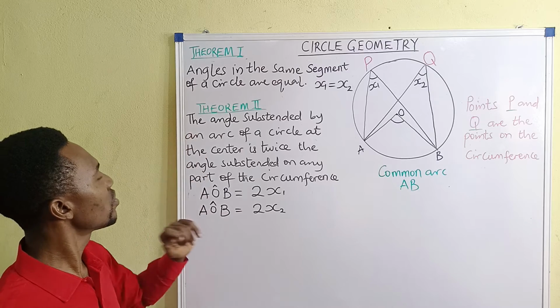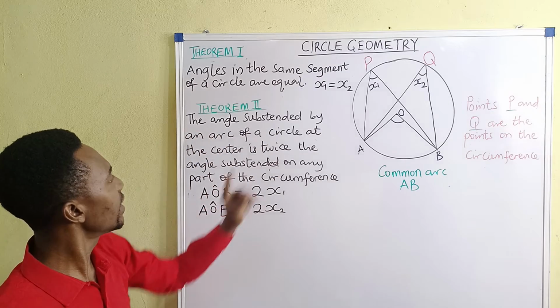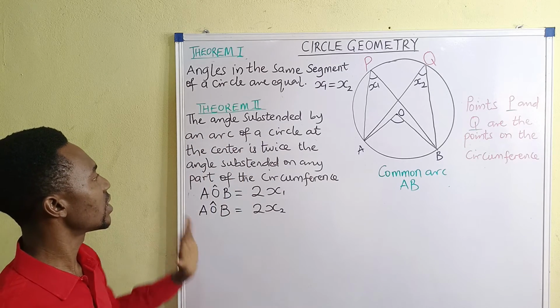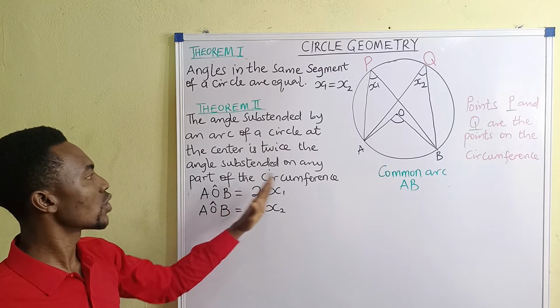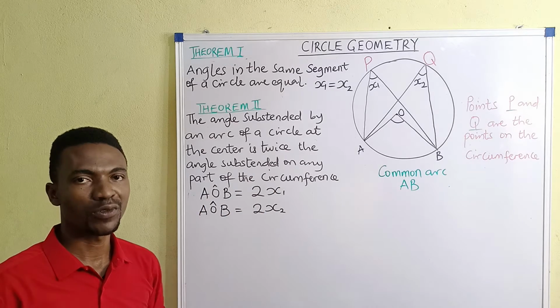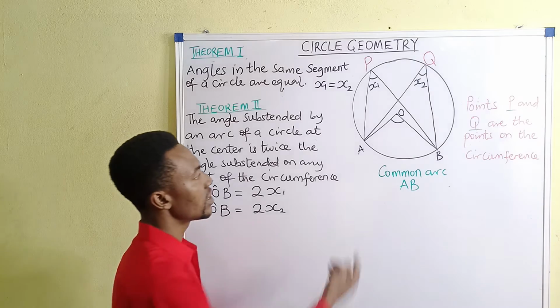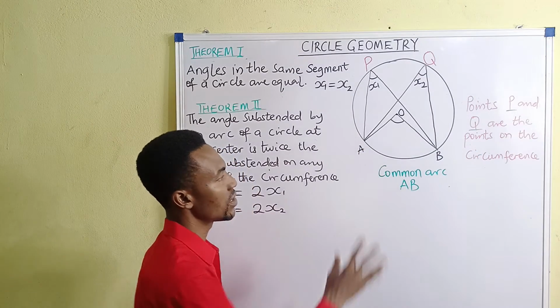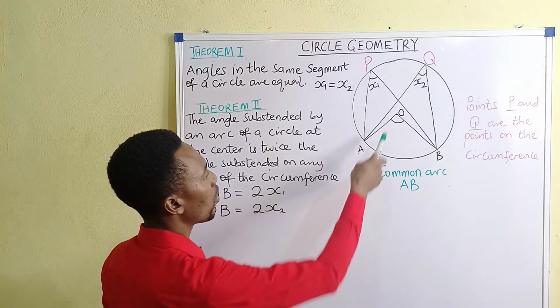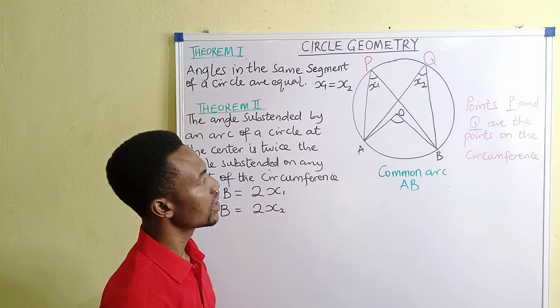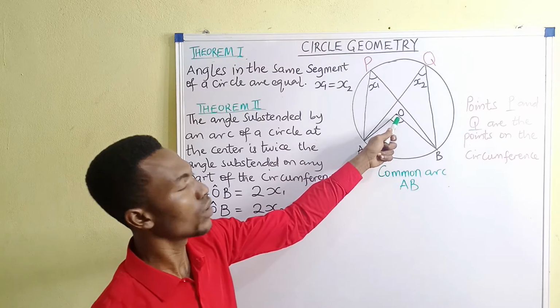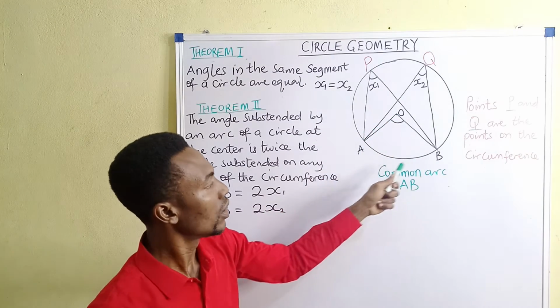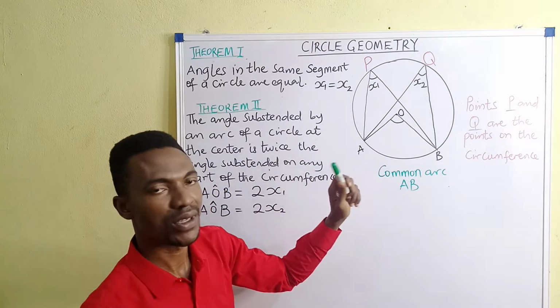Now, Theorem 2 says the angle subtended by an arc of a circle at the center is twice the angle subtended on any part of the circumference. Just like we said, this common arc is the central idea in this circle. O is at the center. We are saying that if an arc subtends an angle at the center, that same arc also subtends an angle at the circumference.